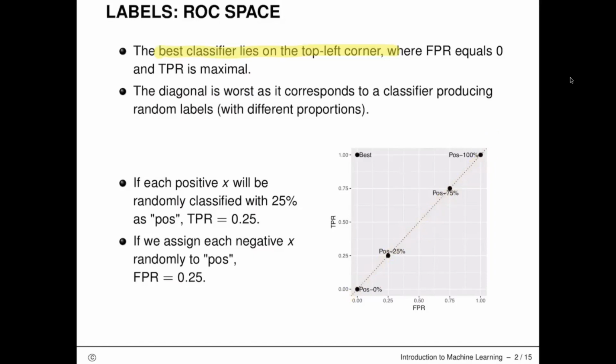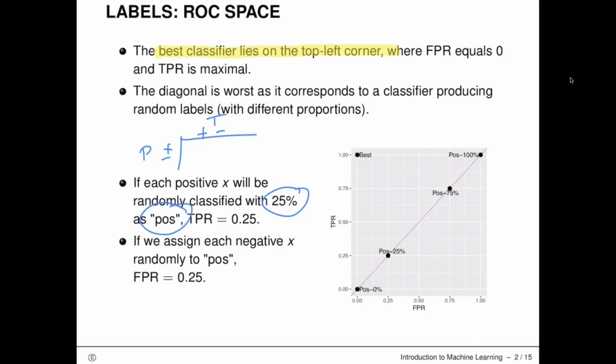I will explain to you what random labels means, or better, why those classifiers which produce random labels lie on the diagonal. If you think of these confusion matrices, I will just draw a small one here. And if you then think that a classifier randomly classifies an instance as positive with some probability, say 25%, then it really doesn't care if the true class is positive, or if the true class is negative, because it's just doing this randomly.